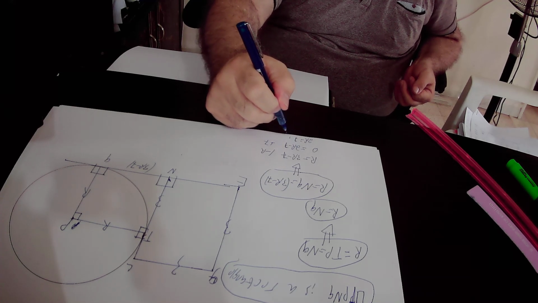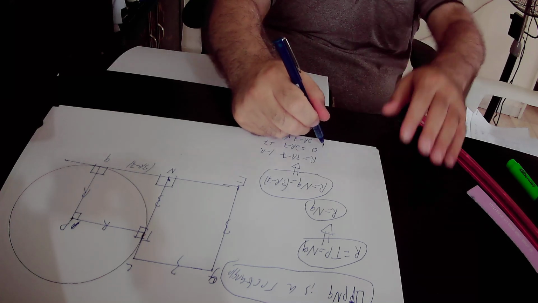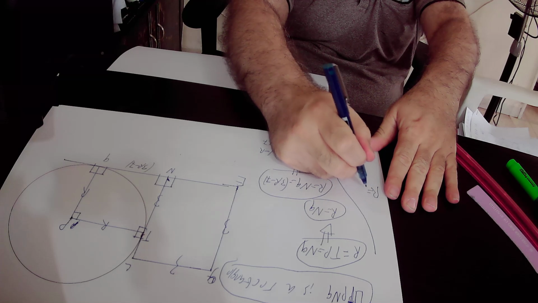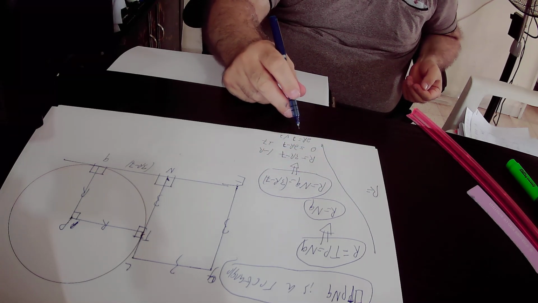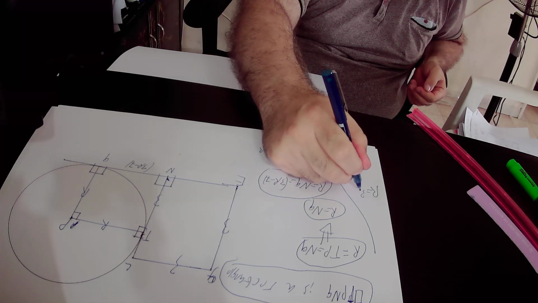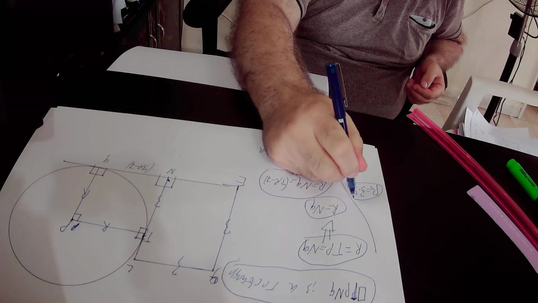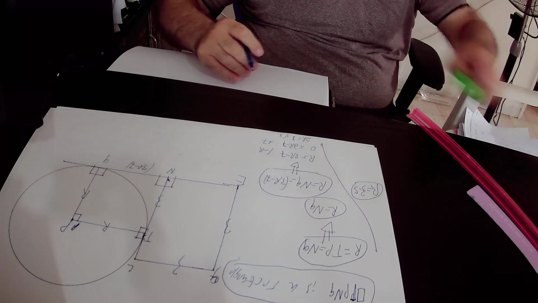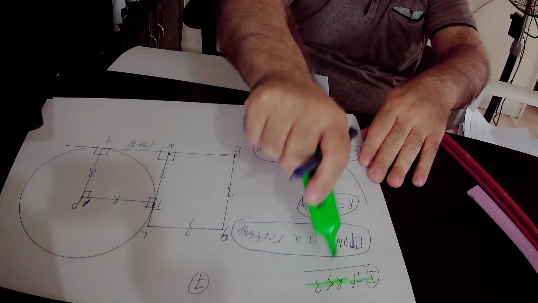We will divide this equation by 2 and we'll get that R equals 7 over 2, that is 3.5 units. So we found out that R equals 3.5 units, but according to our assumption, R is less than 3 units.